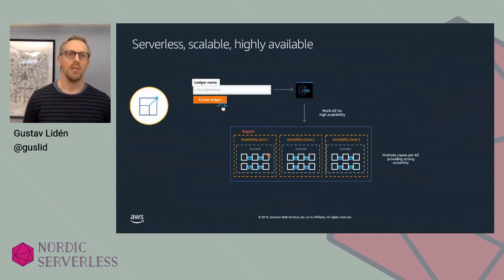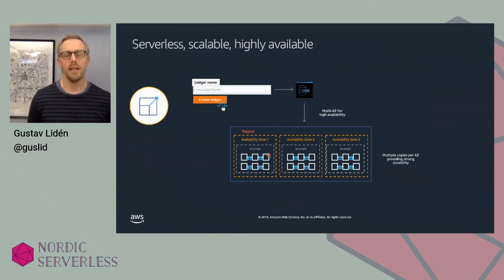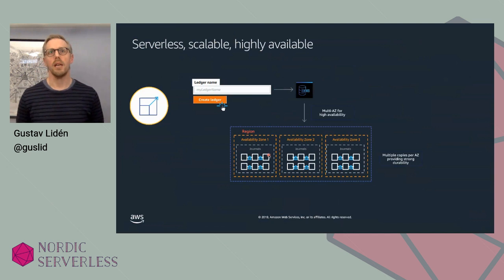QLDB is a serverless service, so I guess with this audience, I don't really need to go into what that means. But I guess you could say that when working with QLDB, you work with the concept of ledgers. So what you create with the API or using the console is a ledger.